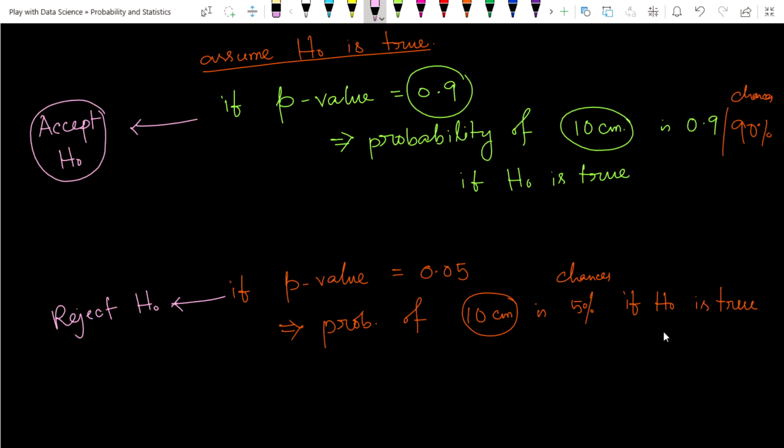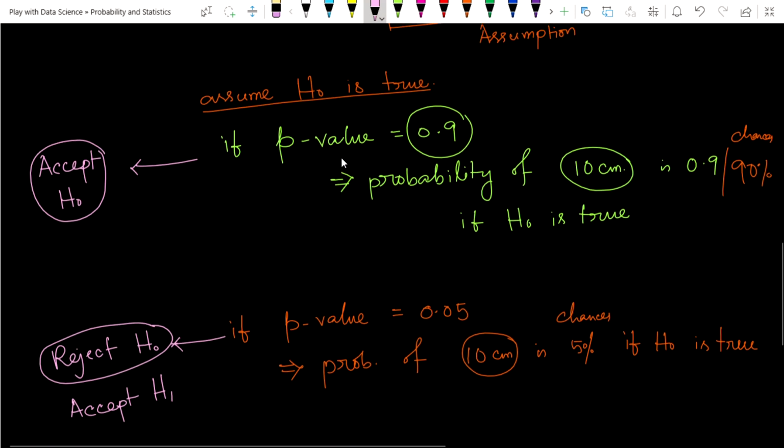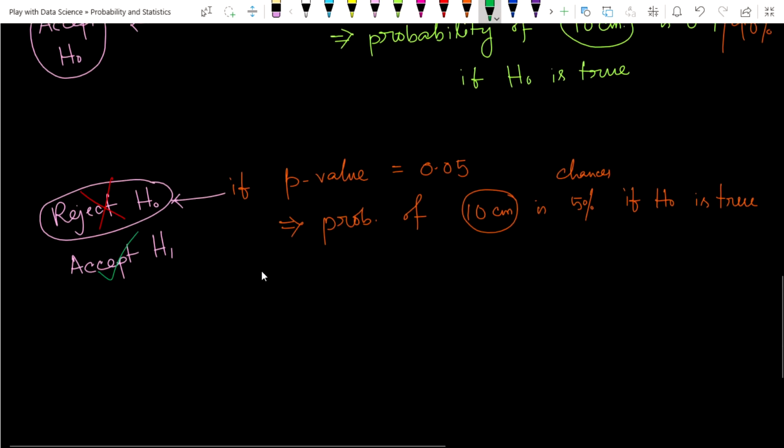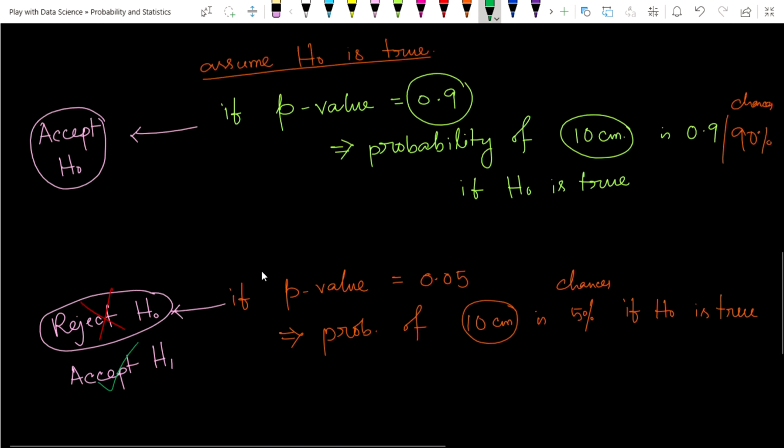On the basis of this assumption we got a very low probability, and because of that we reject the null hypothesis and we accept our alternative hypothesis, which means there are some differences. I think you got some idea.